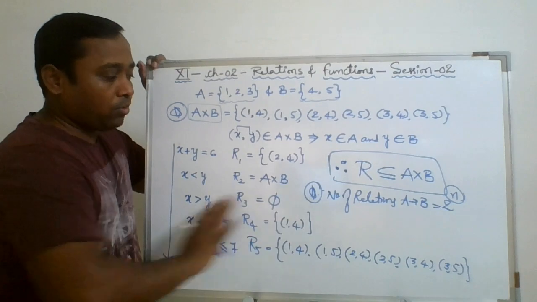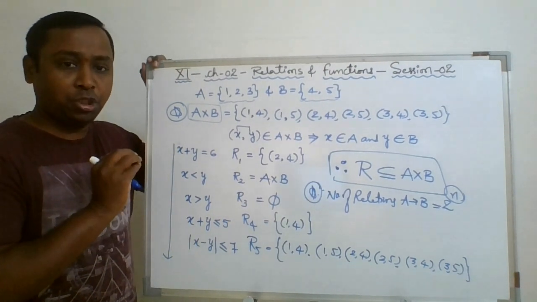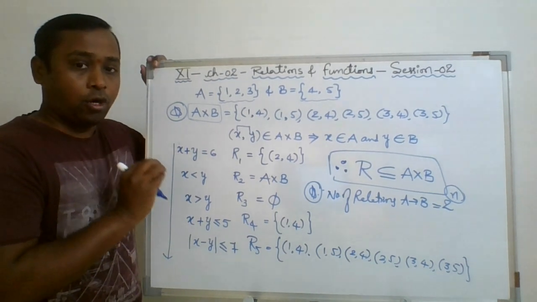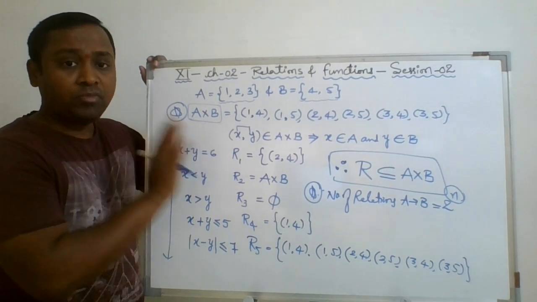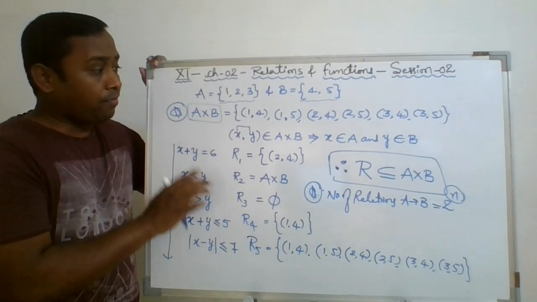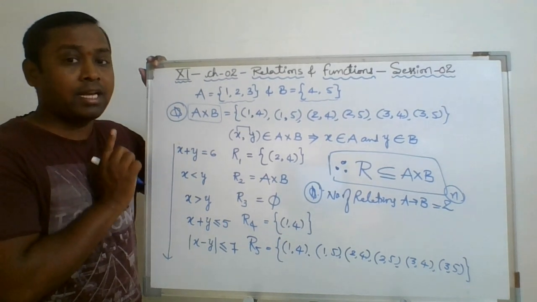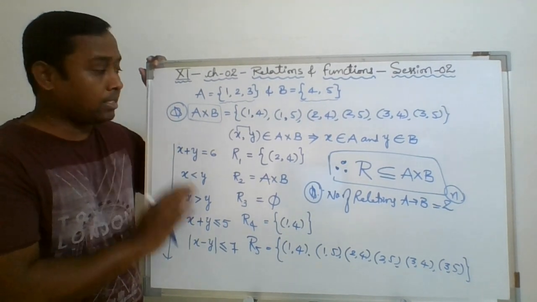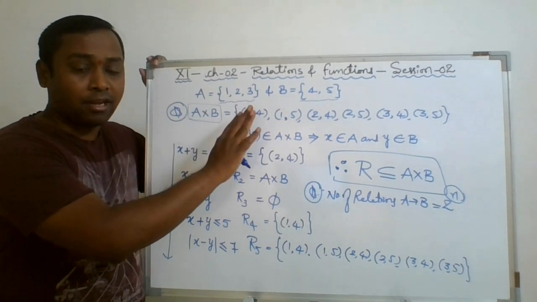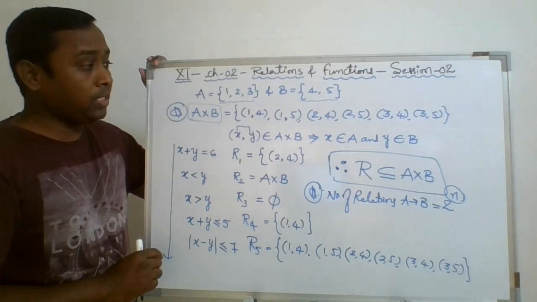Through this discussion we can conclude that a relation is simply a subset of the Cartesian product, and since it's a subset we can make 2 to the power of n subsets if a set has n elements. In that concept, if the Cartesian product has n elements, we can generate 2 to the power of n subsets.